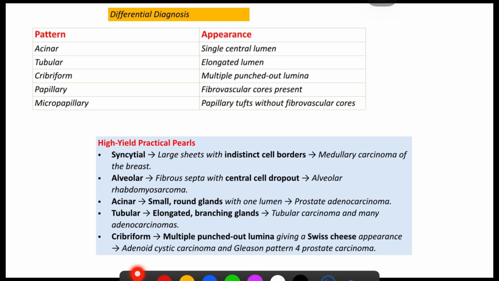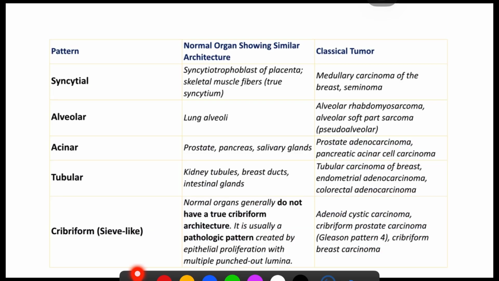So remember all these patterns. Today we have learned all these important and interesting patterns, and you have to remember which normal organ shows similar architecture and pattern.